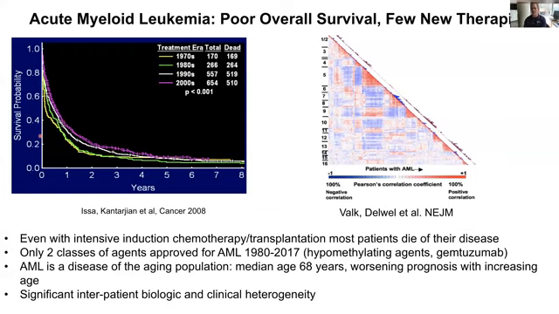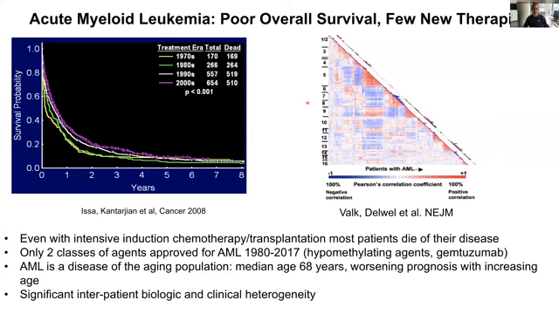And the reason I put this up is that not only is AML a disease where outcomes are bad, it's also probably 15 to 20 distinct diseases. And this is gene expression profiling that makes the point that there are probably 15 to 20 AML subtypes. And so the challenge is not how do we treat AML en bloc, but how do we separate AML into different subtypes and direct the right therapies to those specific subtypes based on mechanistic understanding.